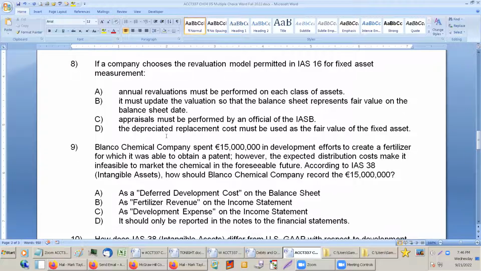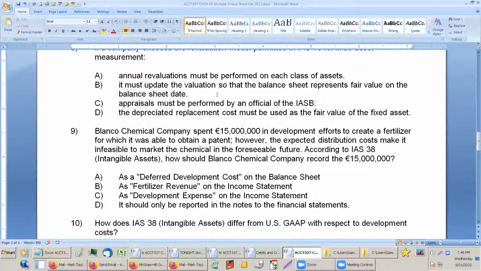Okay. Company chooses the revaluation method permitted in IAS for fixed asset measurement. A little tricky.